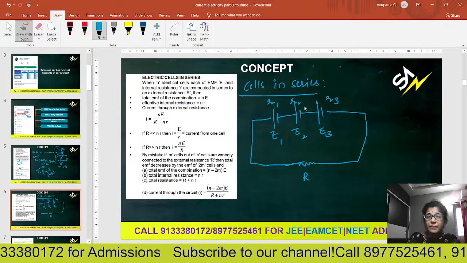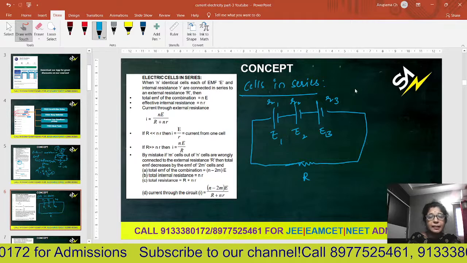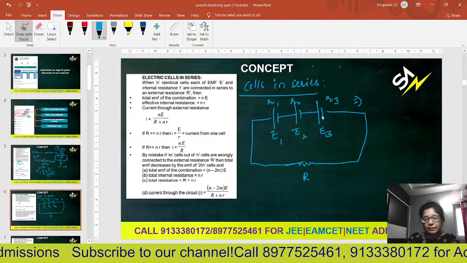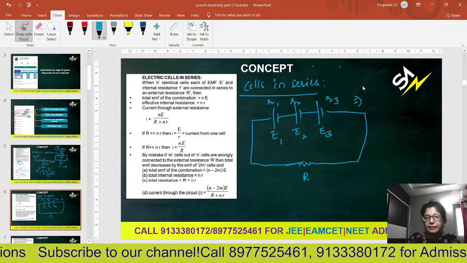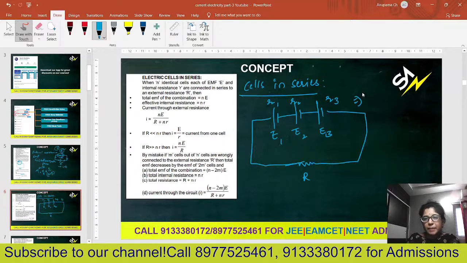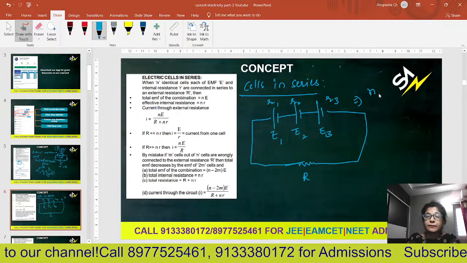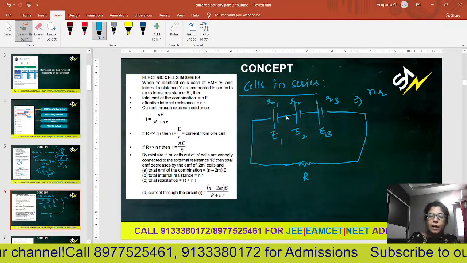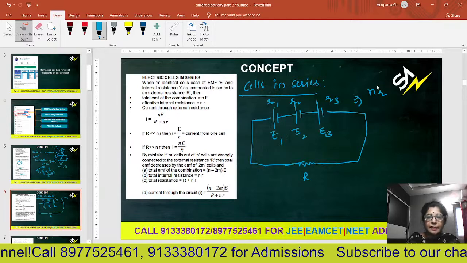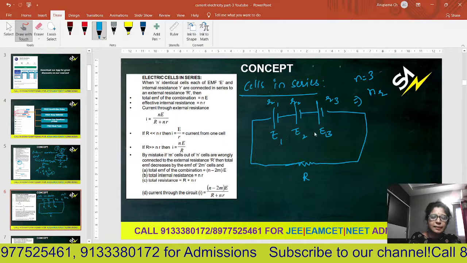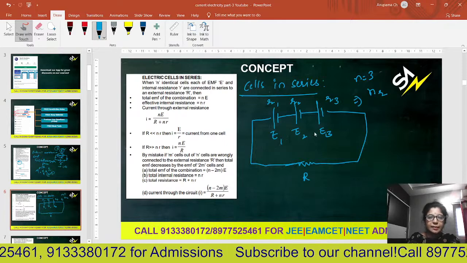Now, if r1, r2 and r3 are equal, then what happens? They are in series, so we can add up, and the total internal resistance is equal to n into r. As I have taken 3, n becomes 3 according to this circuit. n is the number of cells connected in series.